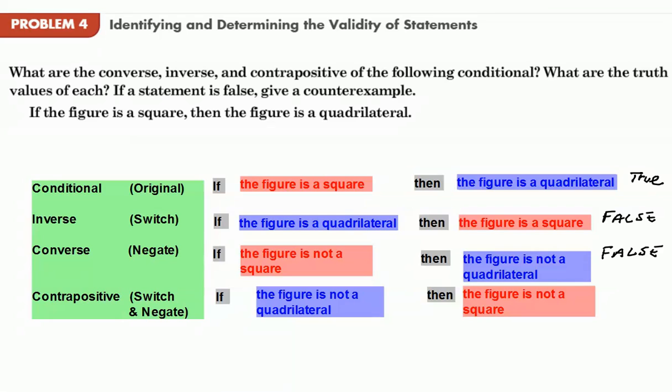So I negate and switch, or switch and negate. So now it reads, if the figure is not a quadrilateral, then the figure is not a square. Okay, so it's saying if the figure does not contain 4 sides, it cannot be a square. If you read this statement, that statement is true.